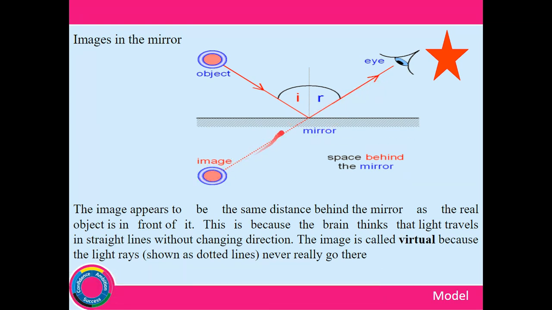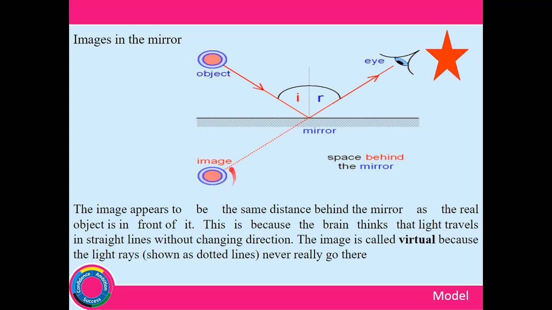Now, interestingly, the distance between you and the mirror is the same distance between the mirror and the image, which is very weird. Okay, so here you've got an object here. That distance between there and there is the same as that between there and there. So it appears to be in the mirror, but in fact it's not there.